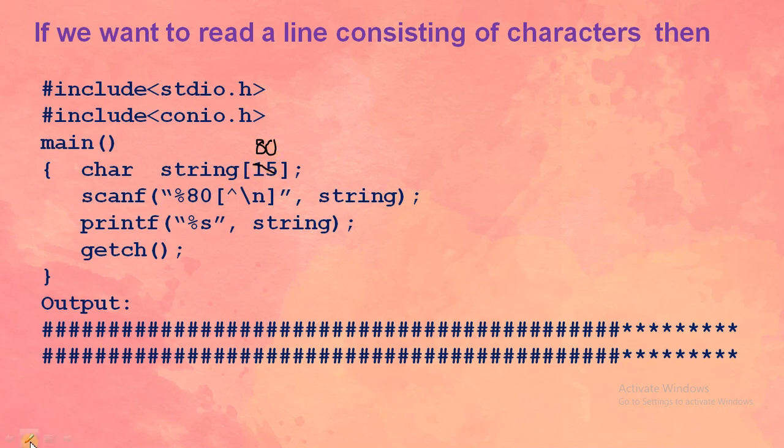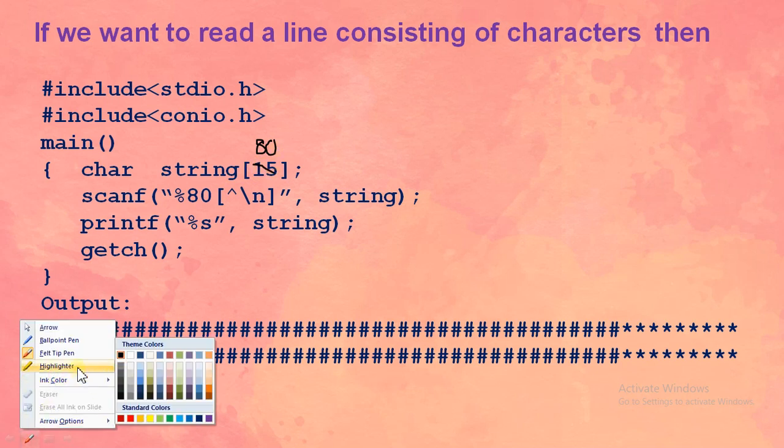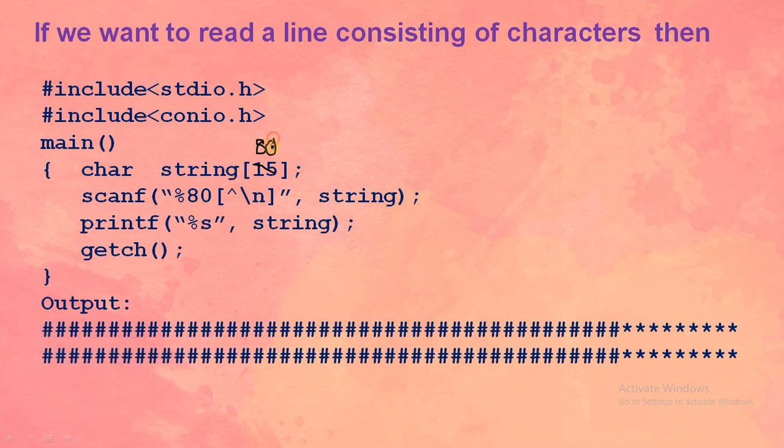Oh, sorry, not even 80. It should be 81, one for the null character. String 81, scanf %80.